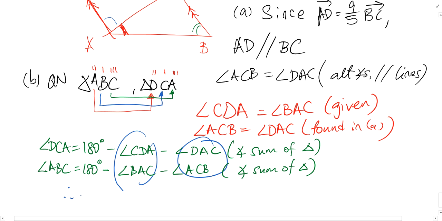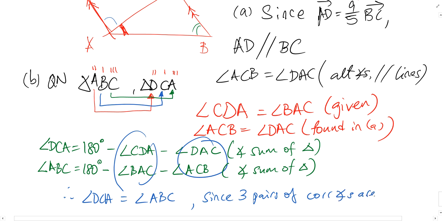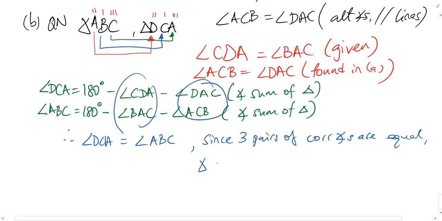So we conclude that angle DCA must be equal to angle ABC. Then, since three pairs of corresponding angles are equal, we say that triangle ABC and triangle DCA are similar.